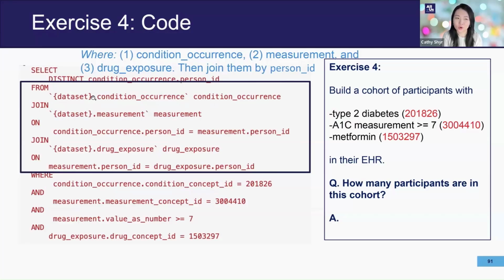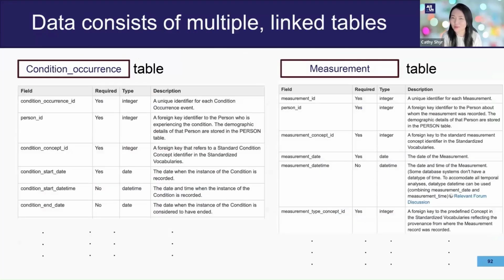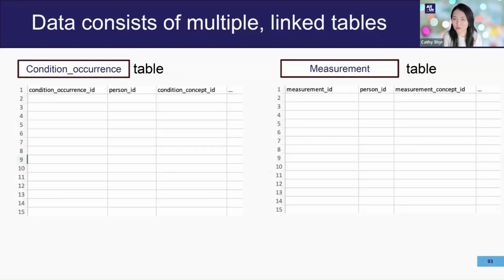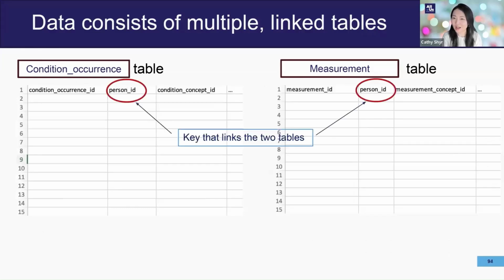So I want to join the condition occurrence and the measurement table where the person ID in both tables is the same. If we think back to OMOP and the data structure, all of us data is in a relational database where there are multiple linked tables. Within each table, we have a key variable, for example, person ID, that allows us to join tables.